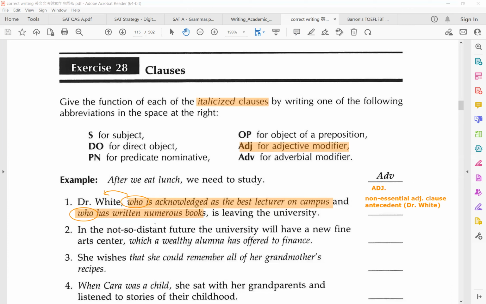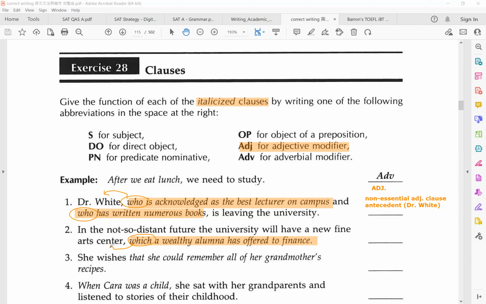And same thing for number two. There is no doubt about which a wealthy alumna has offered to finance. Alumna is just a female version of alumnus, right? So if you graduated from a university, you are the alumna of that university, or alumnus. So the which here is our relative pronoun, right?